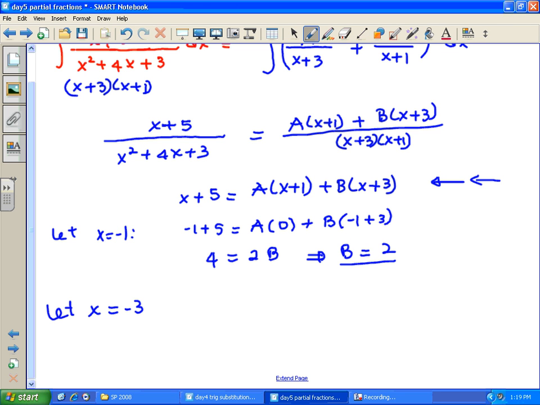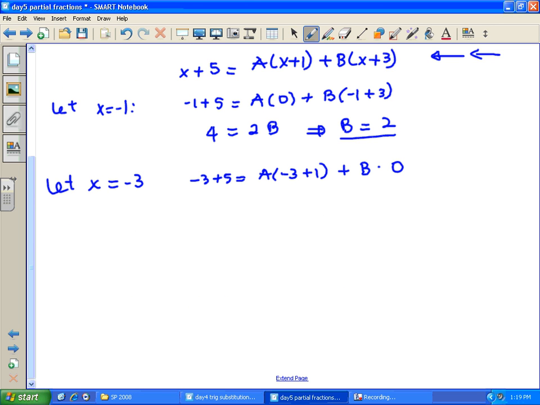So now you have negative 3 plus 5 is equal to a times negative 3 plus 1 plus b times 0. Let's simplify that. 5 minus 3 is 2. Negative 3 plus 1 is negative 2. So what does that tell you about a? a is equal to negative 1, right?